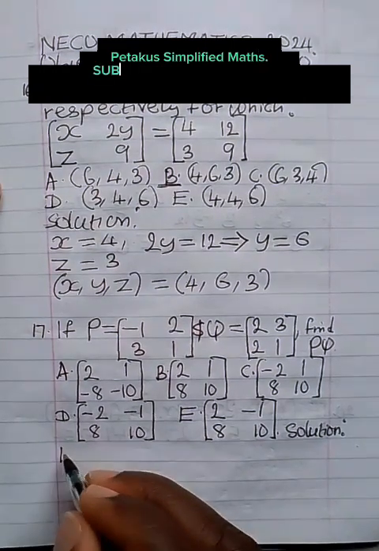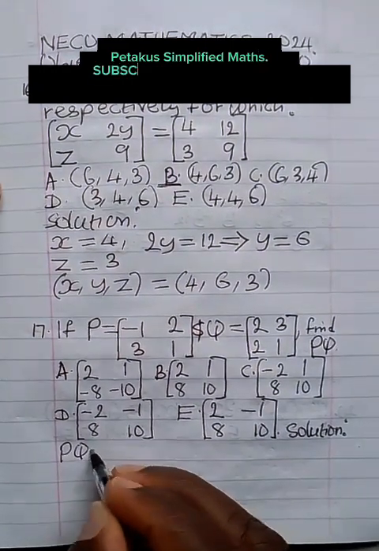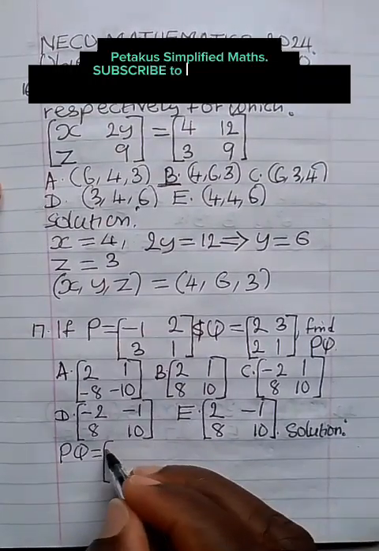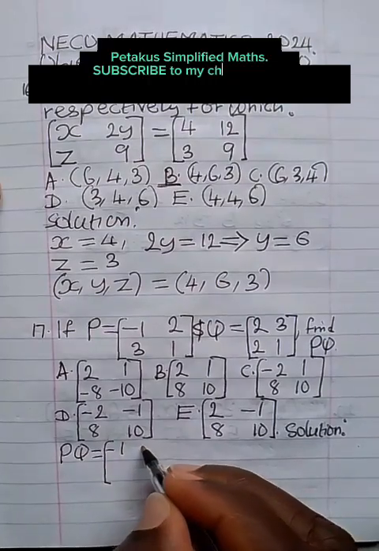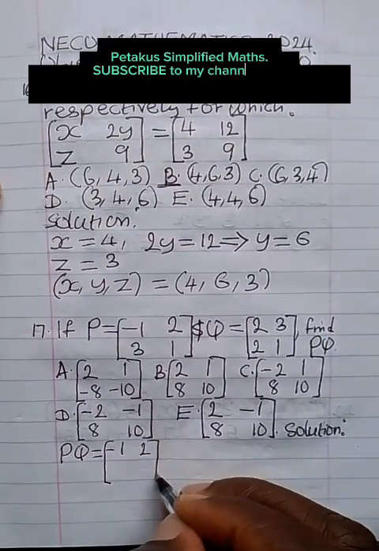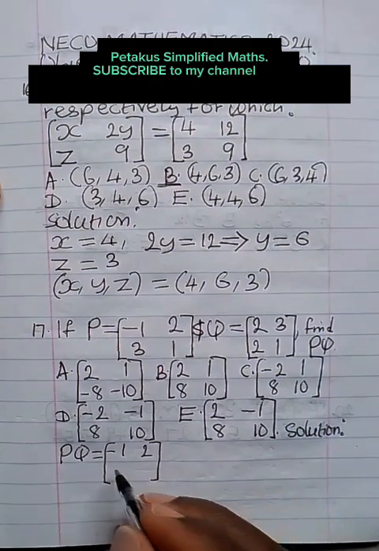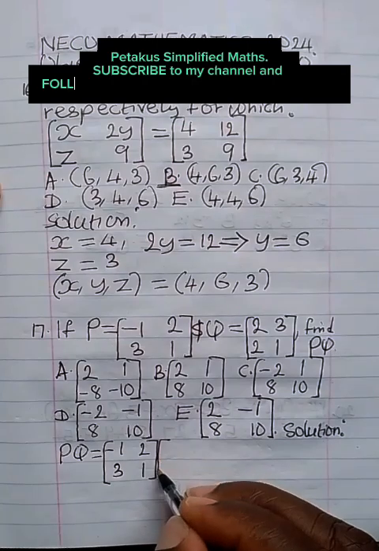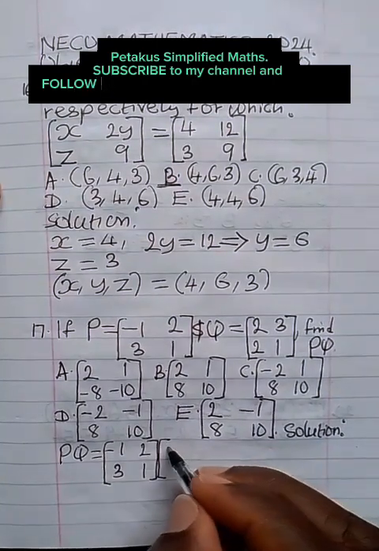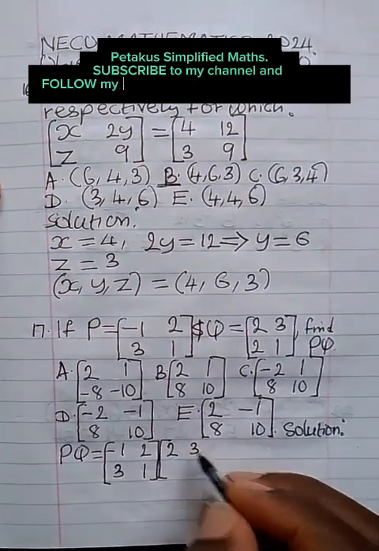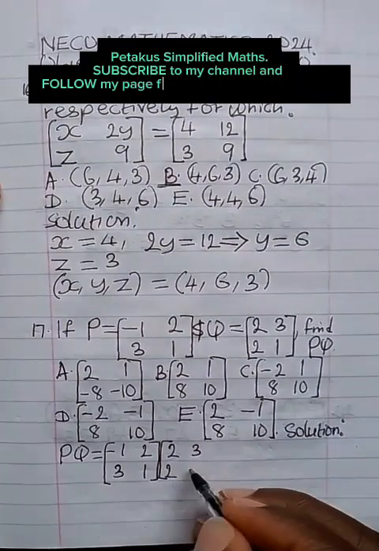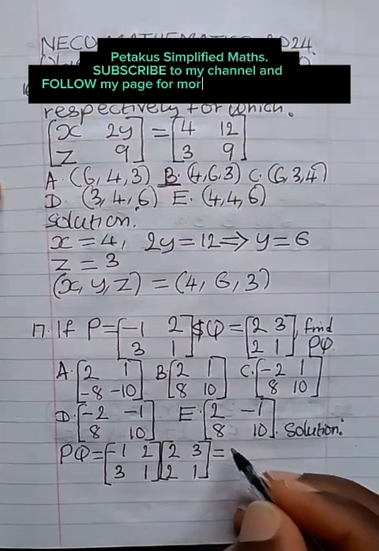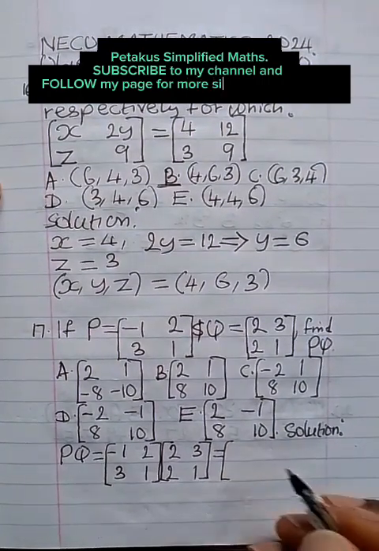Solution: PQ is equal to, we take matrix P, first row minus 1 and 2, second row 3, 1. Then matrix Q, first row 2, 3, second row 2, 1. You carry out the multiplication operation.